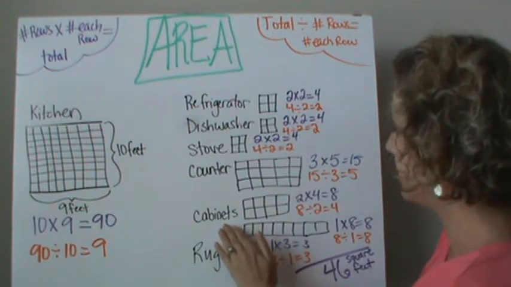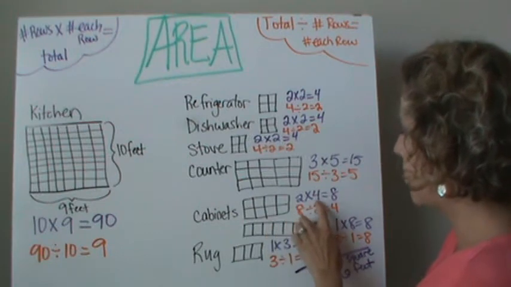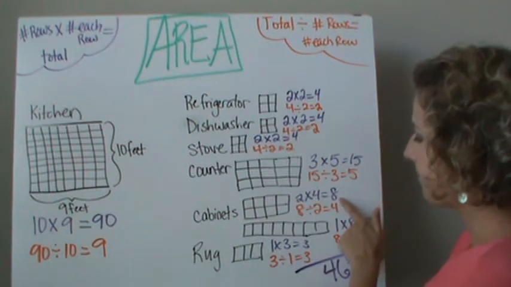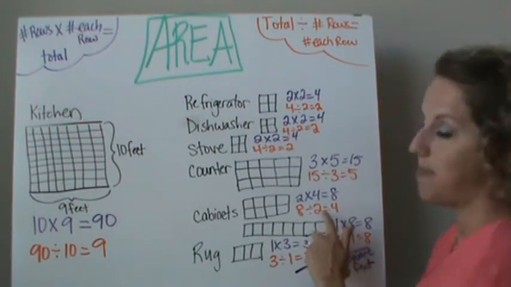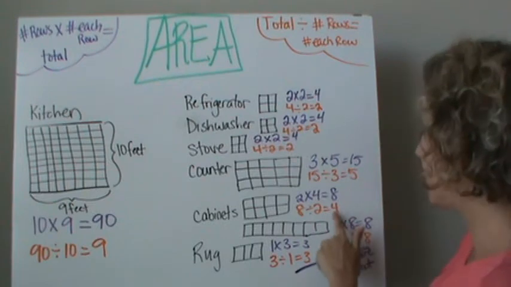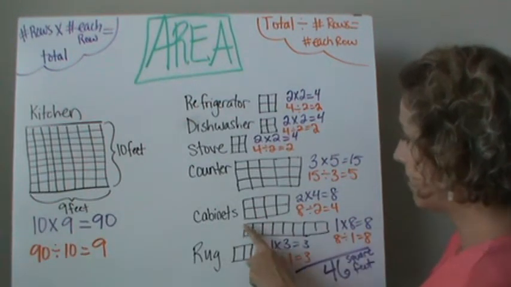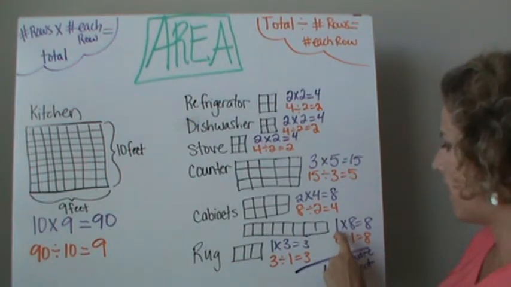For my cabinets, there are 2 rows, 1, 2, with 4 in each row, 1, 2, 3, 4, which is equal to 8. Or there are 8 total divided by 2 rows, which is equal to 4 inside each row. For this other set of cabinets, there's 1 long row, so that would be 1 times 8.